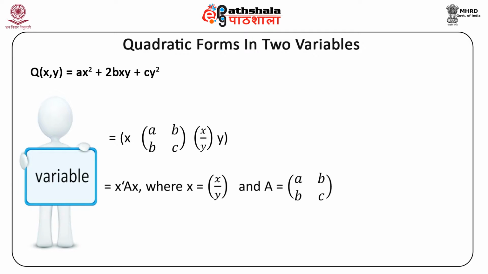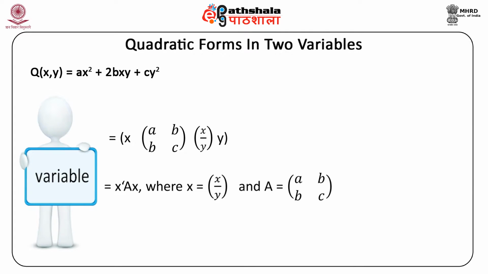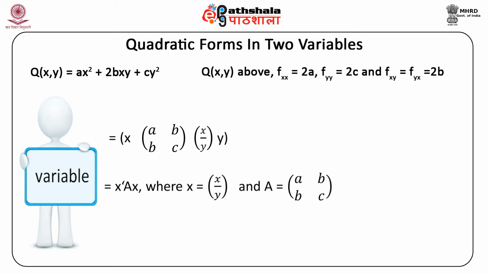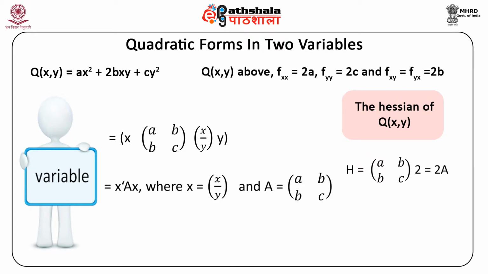In general, the discriminant of a quadratic form is the symmetric determinant, the determinant of the matrix A above. Also, note that in Q(x,y) above, f_xx is equal to 2a, f_yy is equal to 2c, and f_xy is equal to f_yx is equal to 2b. The Hessian of Q(x,y) is thus given by H is equal to 2 multiplied by [a, b; b, c], which is equal to 2A.